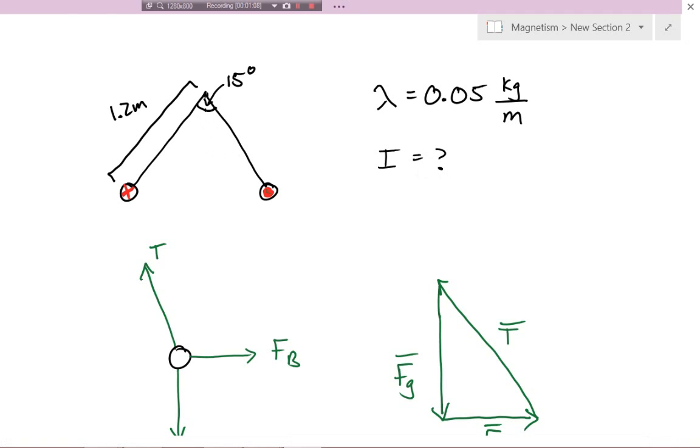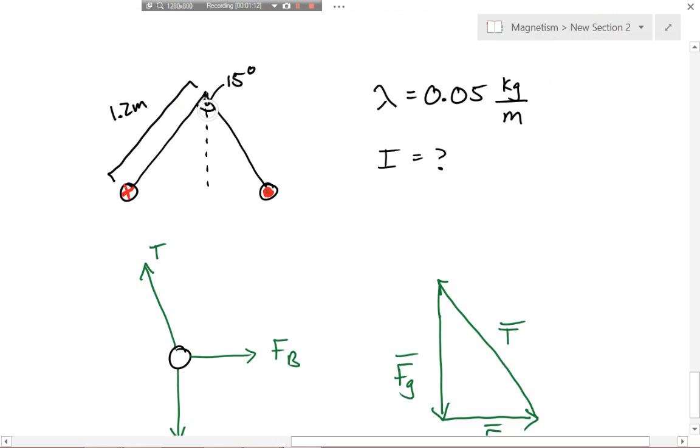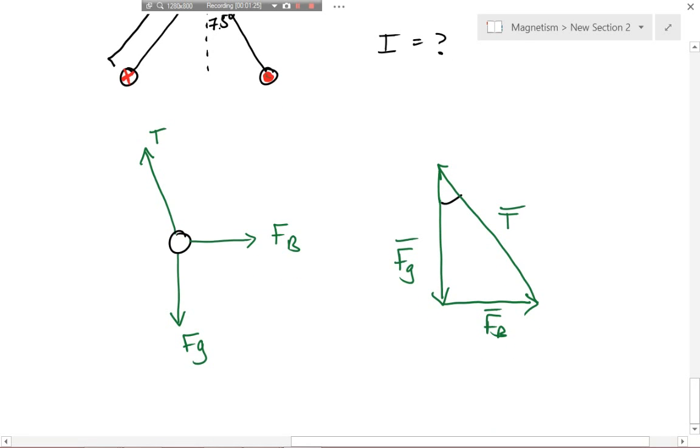If I bisect this, hopefully you can see that. This is the direction that my gravitational force is pulling, pushing down. My tension is pulling up like this. This angle is going to be half of 15 degrees, so it's going to be 7.5 degrees. So that's this angle right here in my force diagram.